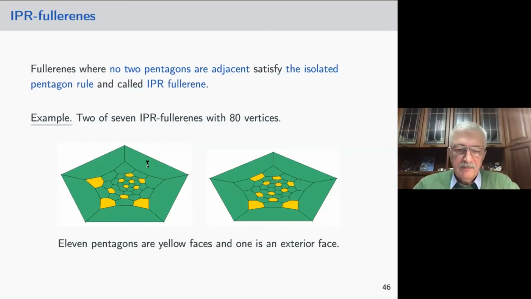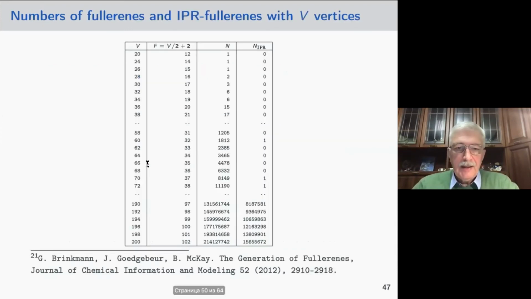Many questions about fullerenes are also considered for this particular subset of IPR fullerenes, and generation of these graphs was done by Brinkmann, McKay and Goedgebeur, who generated all fullerene graphs and IPR fullerenes.